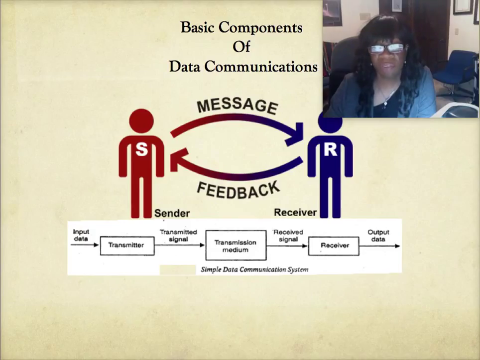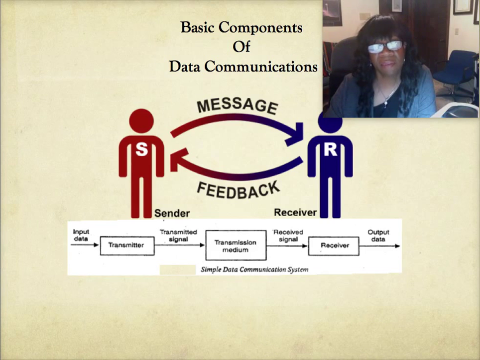The function of a transmission is to carry information from a transmitter to a receiver. The receiver is the device or computer that receives the message. The receiver accepts information from the transmission link, and the information is then converted to the proper form so that it is acceptable to the destination.